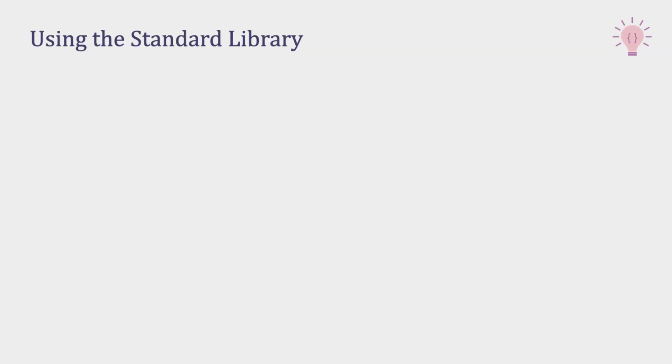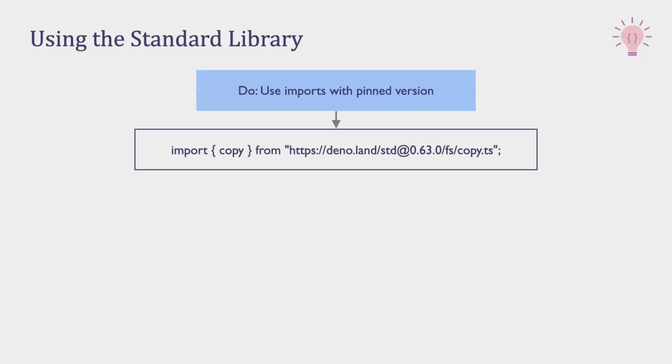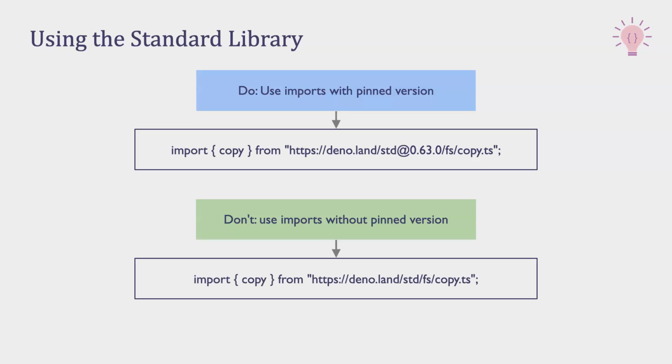Now, there is an important note when using the standard library. Because the standard library is still unstable, it is recommended that you use imports with pinned version of the standard library. For example, here we use the version 0.63.0. You should not use imports without the pinned version.